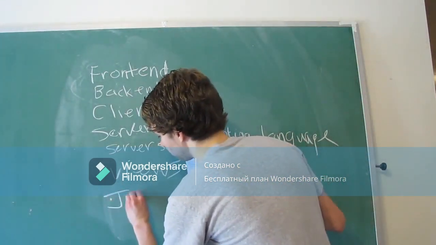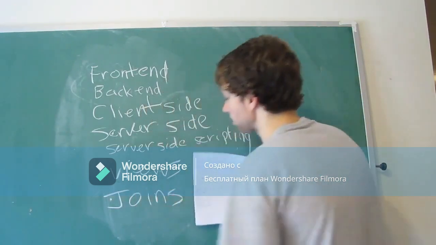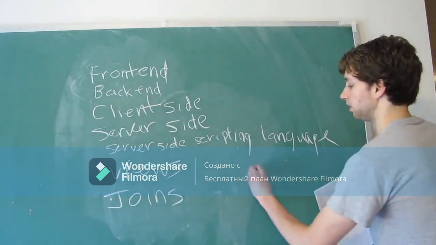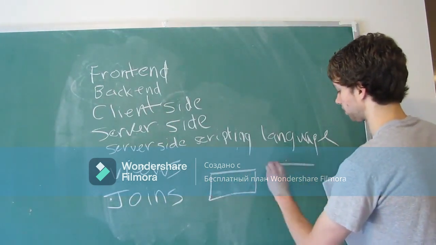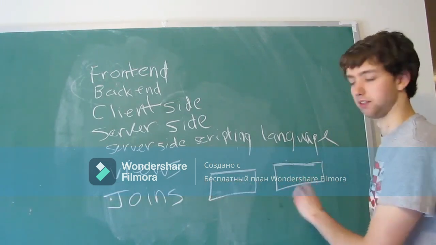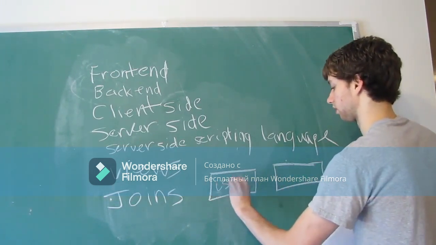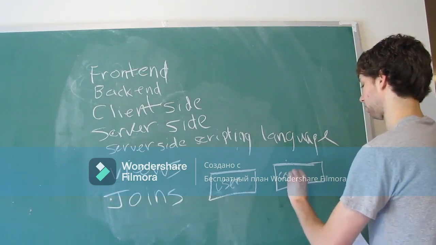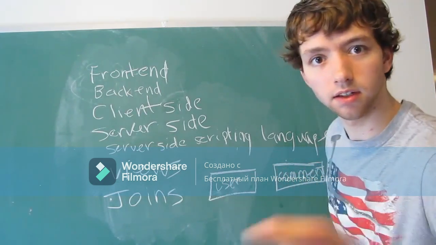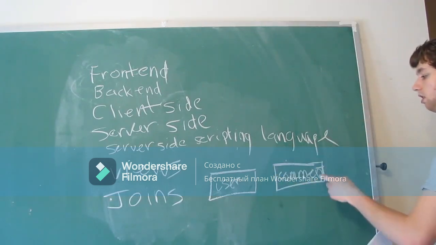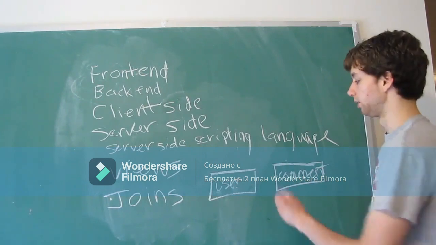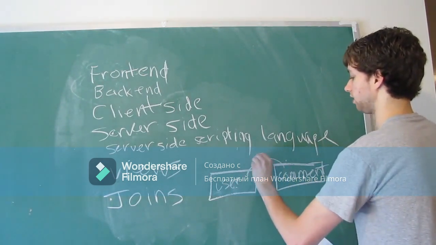Views often use joins, which basically connect data from multiple tables to create a new table. If we have two tables here, users table, comments table. Can you see that? You better be able to see it. Well, a comment is always given by a user, and we connect it using the ID.